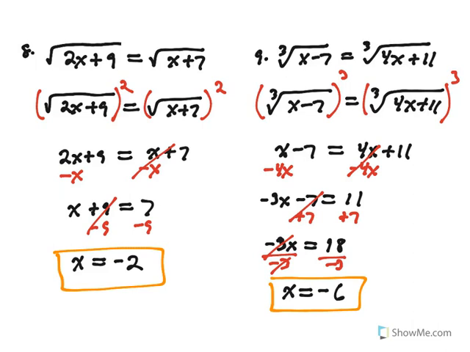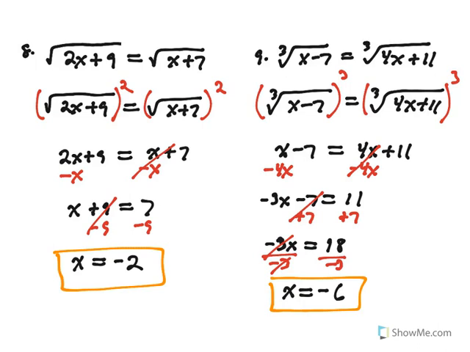Once you get rid of the radicals, then it's just basic algebra of solving a very simple linear equation. Okay? So really the most important part is isolate the radical when necessary. If it's already isolated on both sides, then just go ahead and take those radicals to whatever the index is.